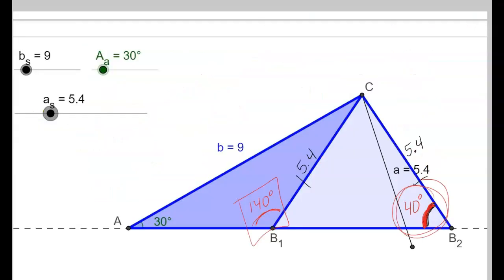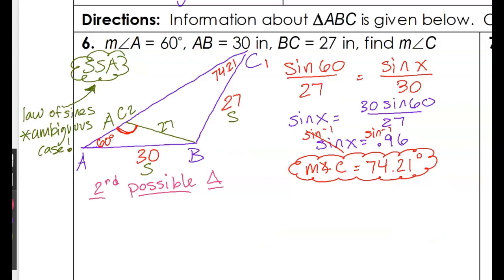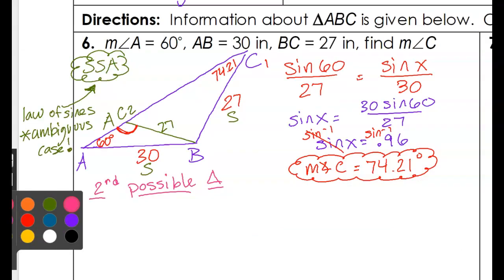So remember when we were looking at this, once we knew what B2 was, it was 40, how did we find B1? What did we do? Yeah, same exact thing here. You take 74.21 and you subtract it from 180.